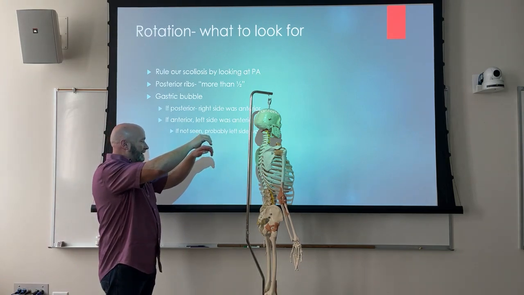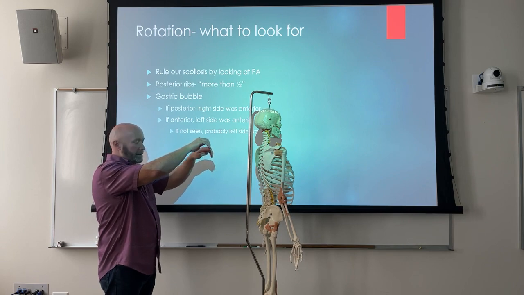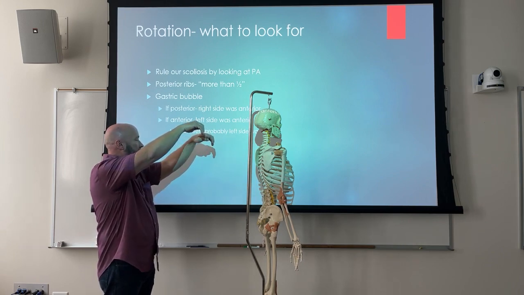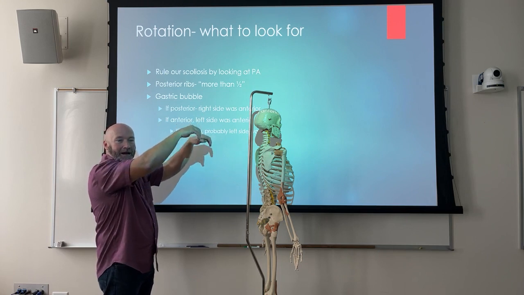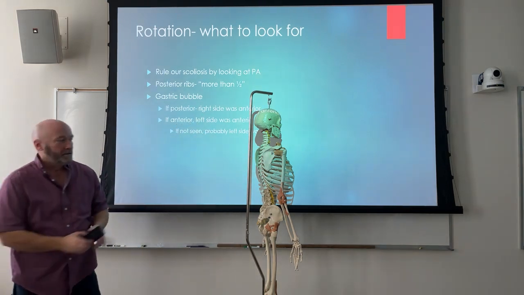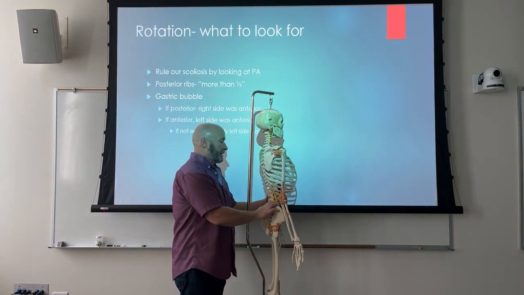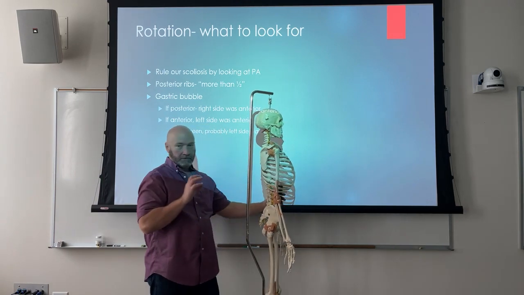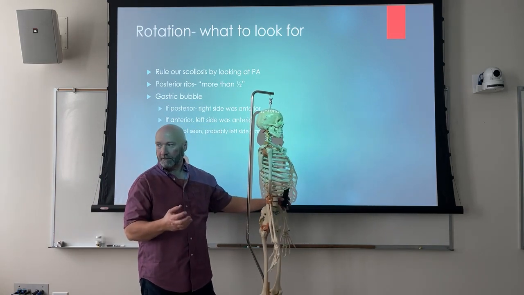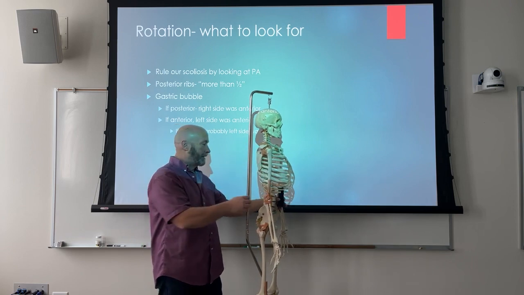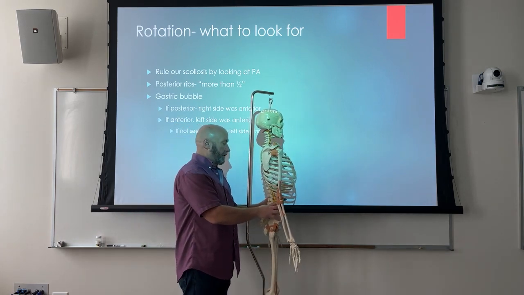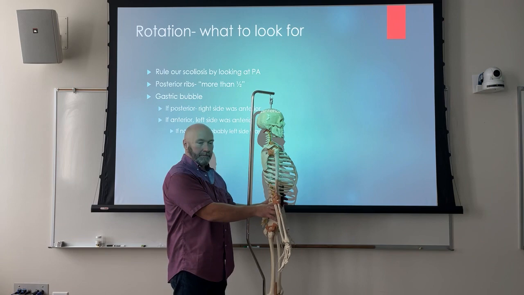But on any significant rotation, you're going to see anterior to posterior separation of those. Okay, so they're not going to be right on top of each other. So what you're going to look for then is the stomach, and there's always going to be a bubble in the stomach, right? There's always just a little bit of gas in the stomach. So what you're going to look for is that gastric bubble.